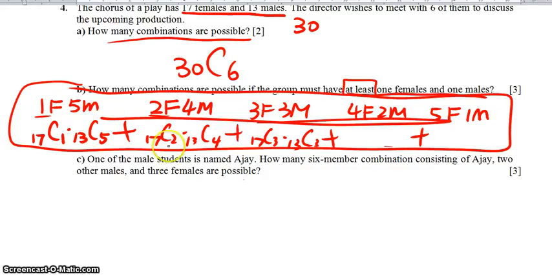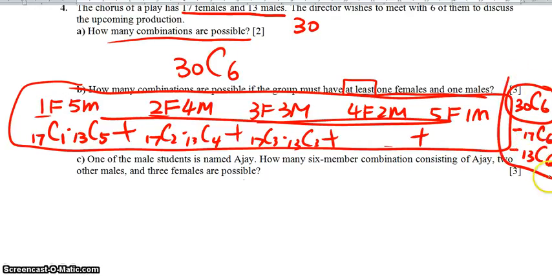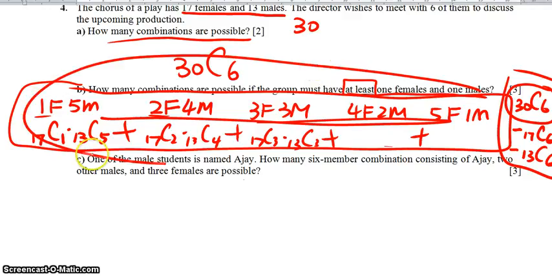So the way to do it is you first do the combination of any committee, take away the combination of all female, which is 17C6, and then take away the combination of all male. This will give you the same answer as that, and it's shorter. So either way will work.